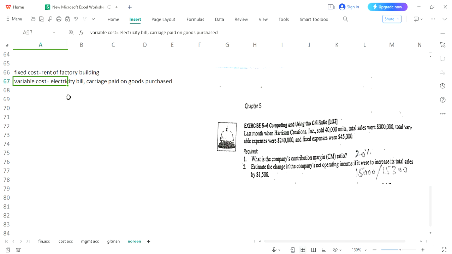The more goods you purchase, the higher will be the carriage, and the fewer units you buy, the less the carriage. For example, you have hired a truck. The carriage which has been decided for 1000 units, and suppose you have increased the number of units, then the amount of carriage would also be increased.